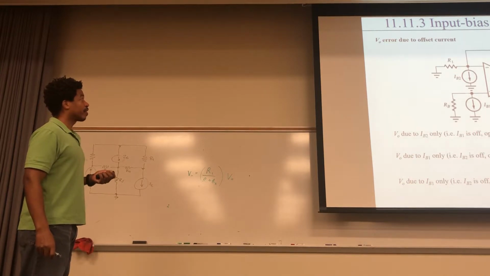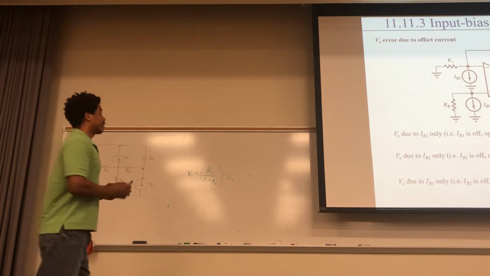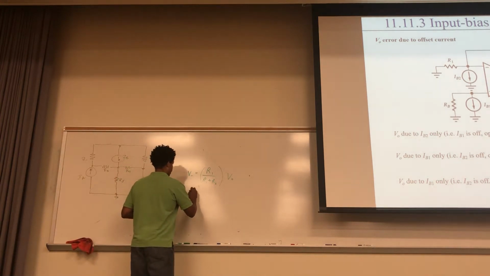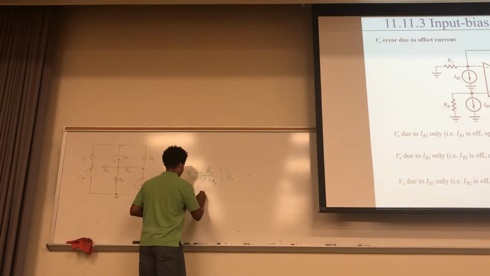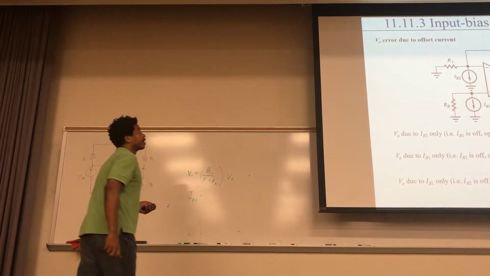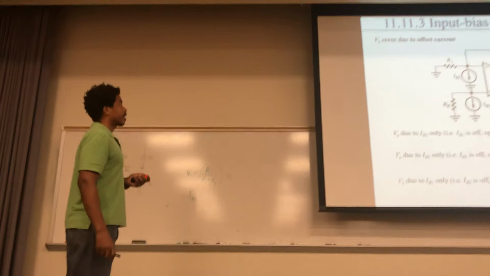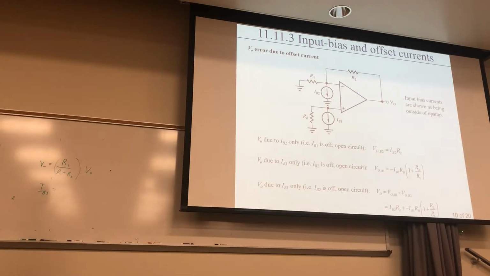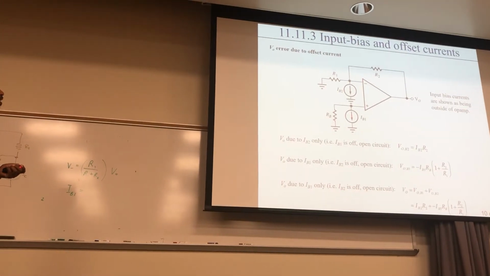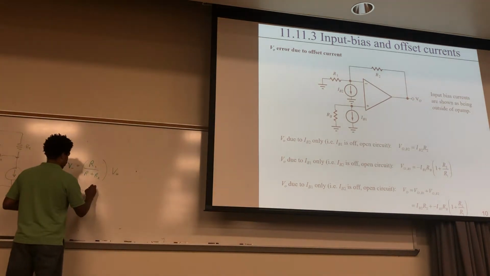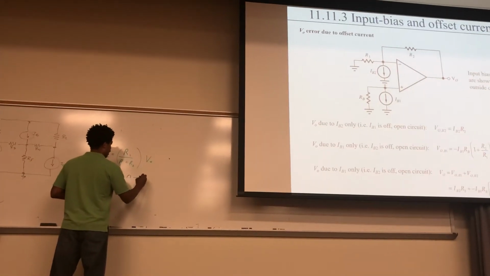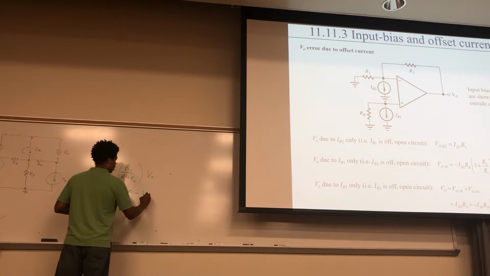Now over here, this IB is IB1. What is this current? This current is equal to this voltage minus that voltage, over RB. So 0 minus this right here, over RB.